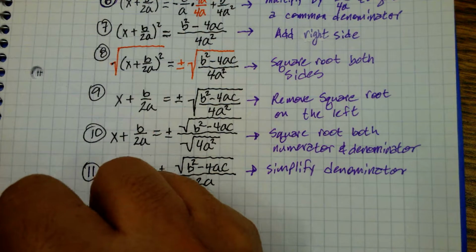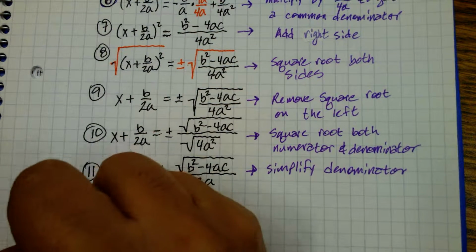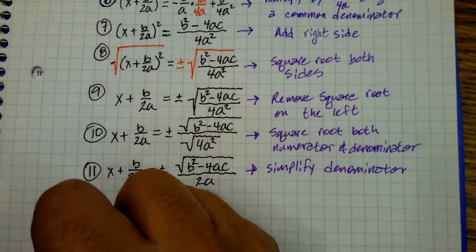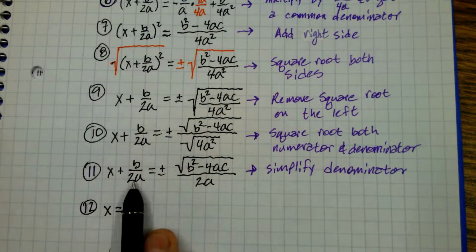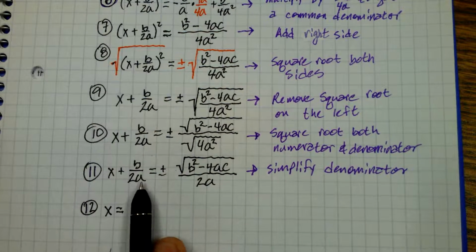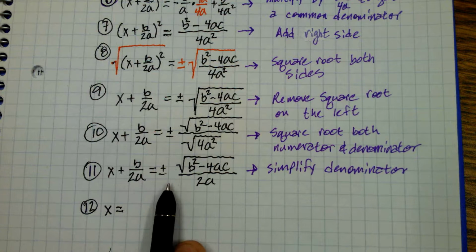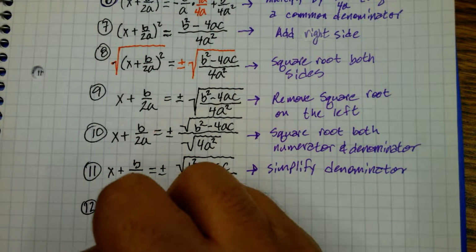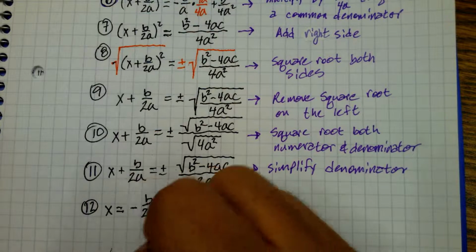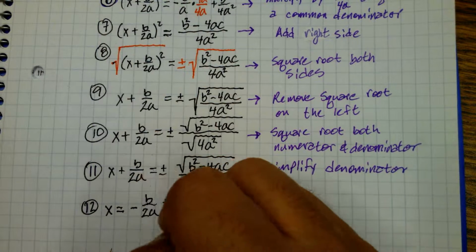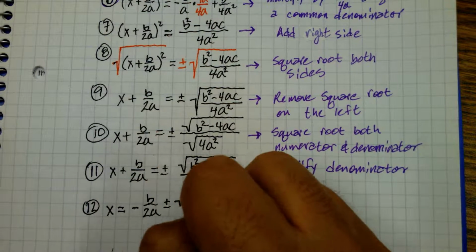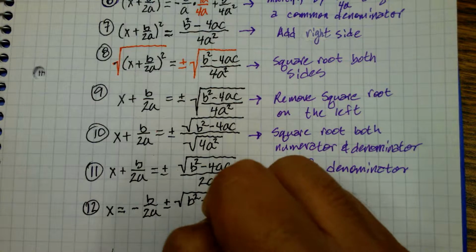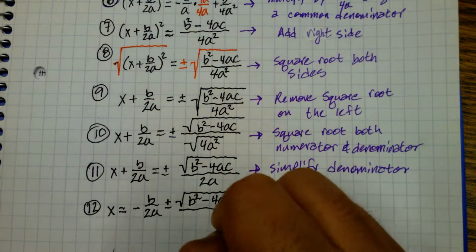So this is step 12. And then x equals, if I bring plus b over 2a to the other side, what does it become? And we're oh so close now.